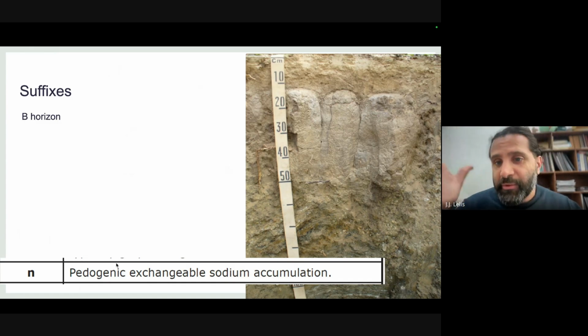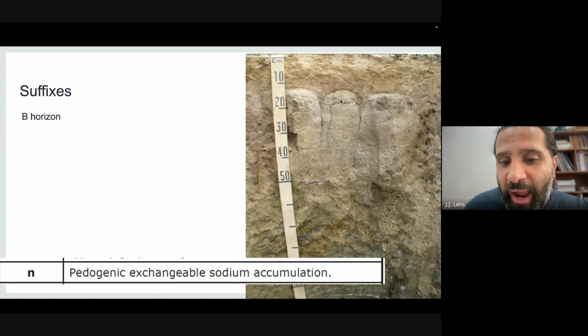One of the tips that you can use, of course, is this kind of columnar structure. This columnar structure shows you that, yes, in this specific case, you can register a high sodium content, okay?